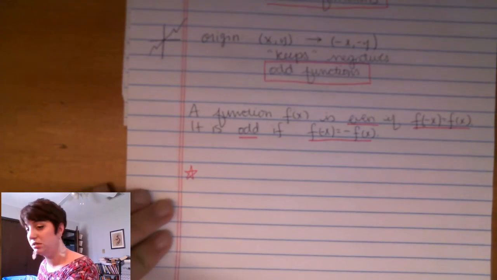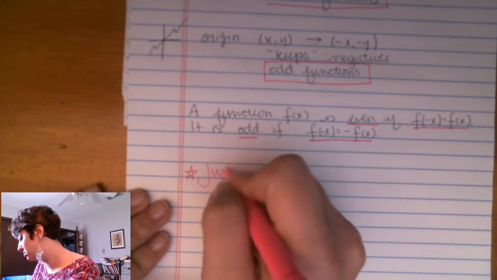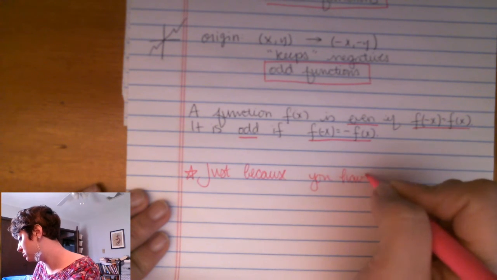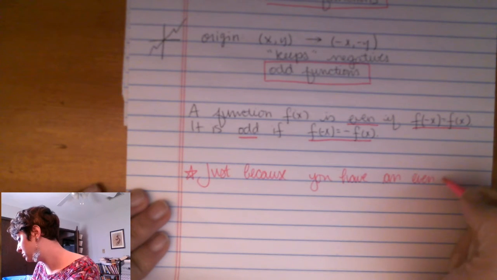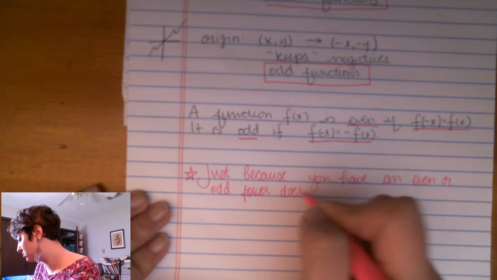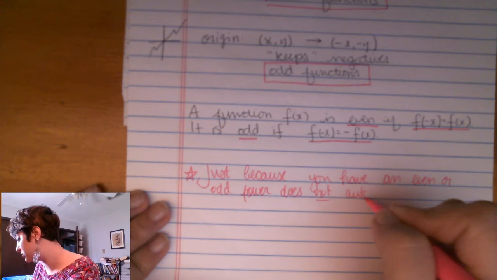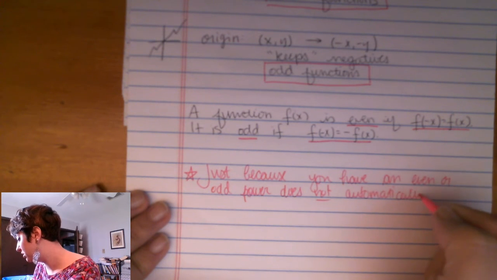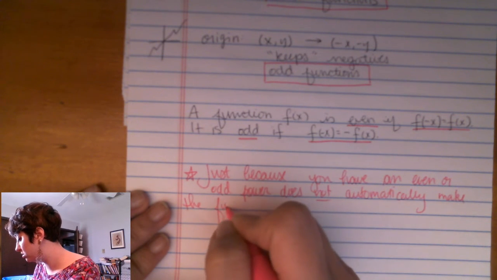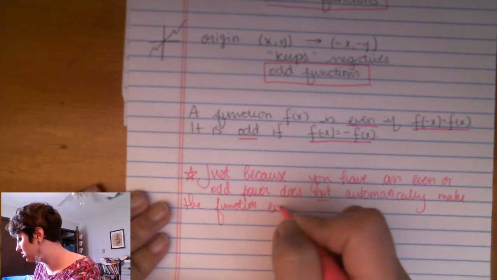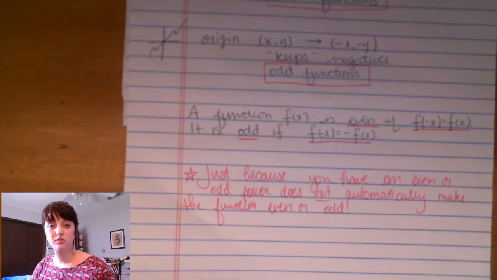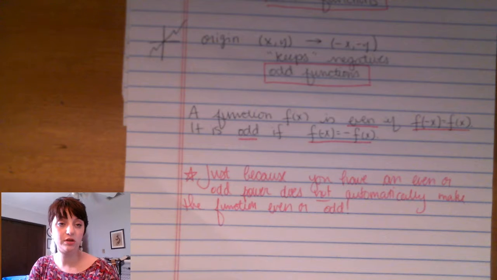So just because you have an even or odd power does not automatically make the function even or odd. Okay? So let's look at a couple even odd examples.